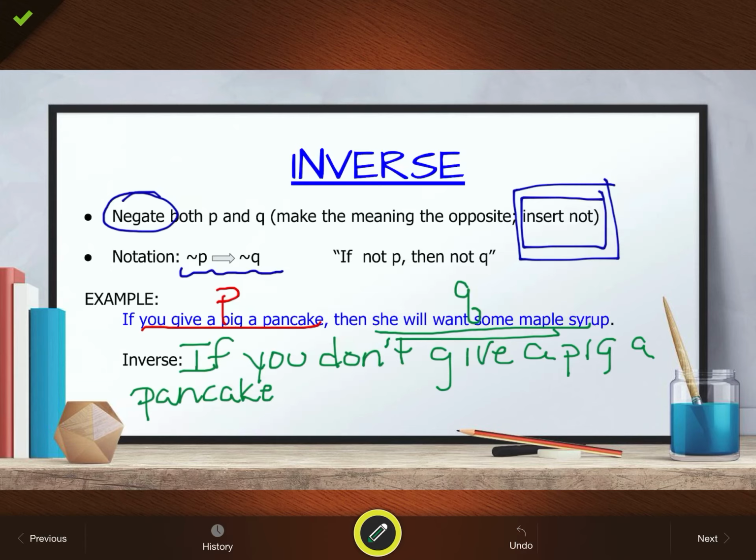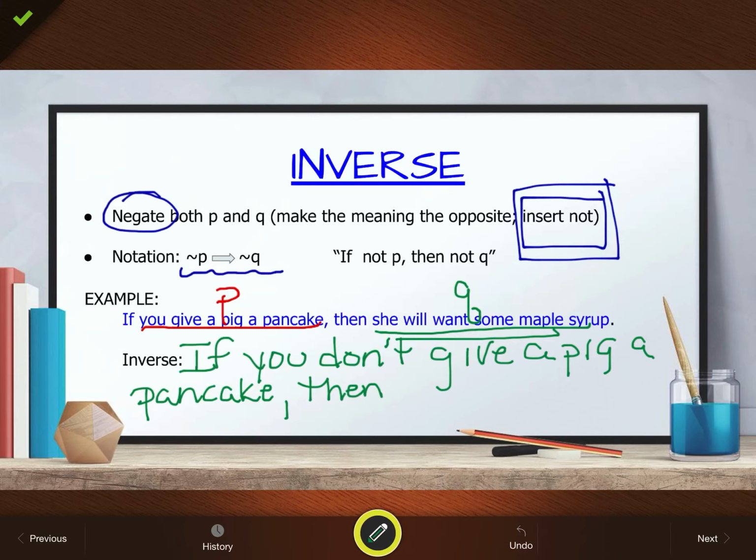So you give a pig a pancake. I have to negate that for the inverse. So that becomes, if you don't give a pig a pancake. Then, because remember, inverse is a conditional statement. It has to start with if, and it has to have then in it. Now we have to negate, she will want some maple syrup.